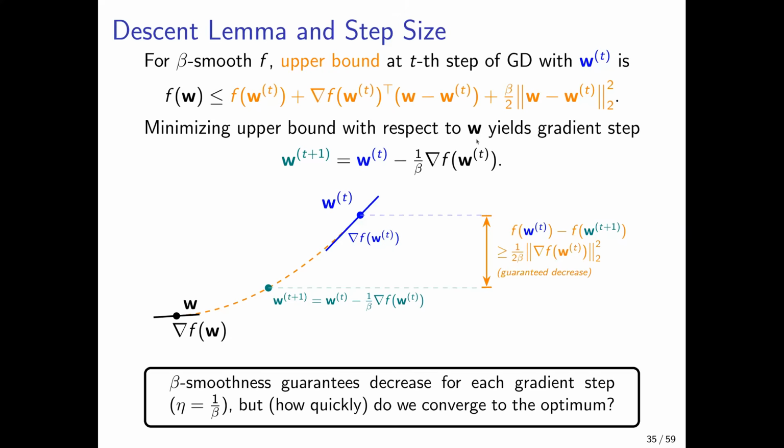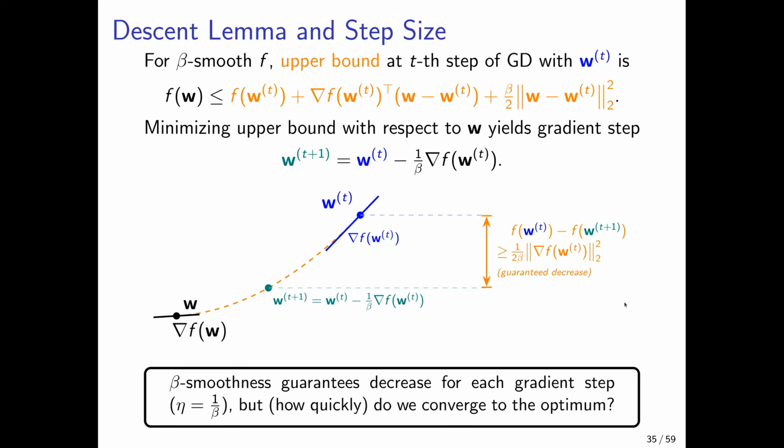And then it turns out that we can minimize this when we choose w, well, we will then write wt plus 1 as this expression here, wt minus 1 over beta times this gradient at wt. And so essentially it means at wt we should do a gradient step with step size 1 over beta to minimize this upper bound here.